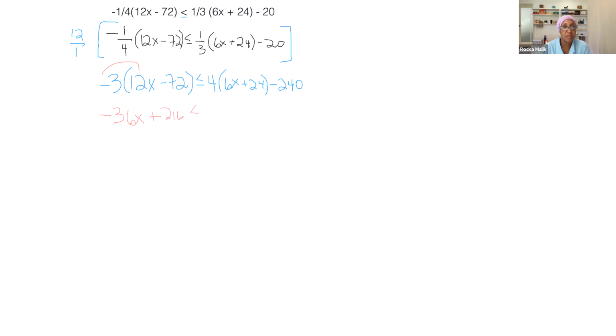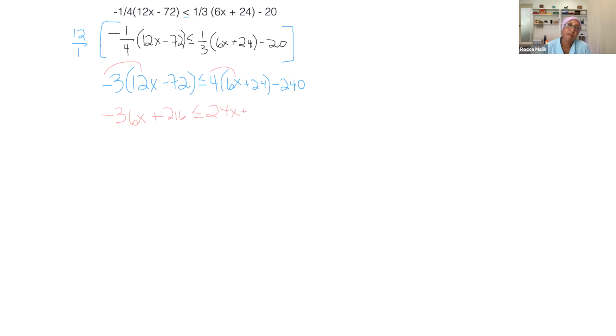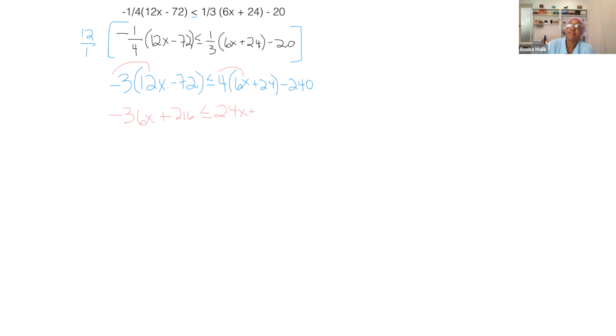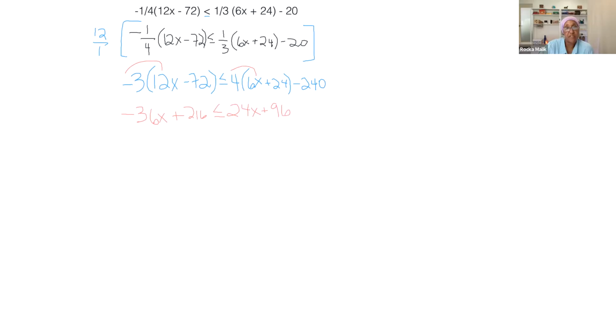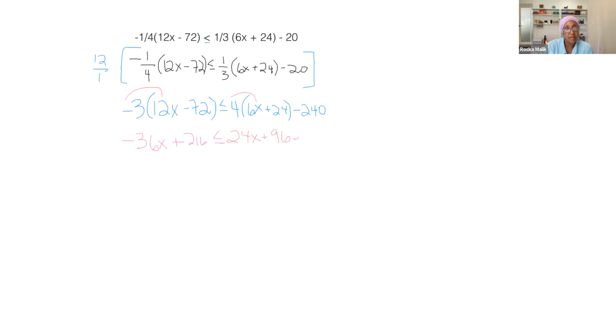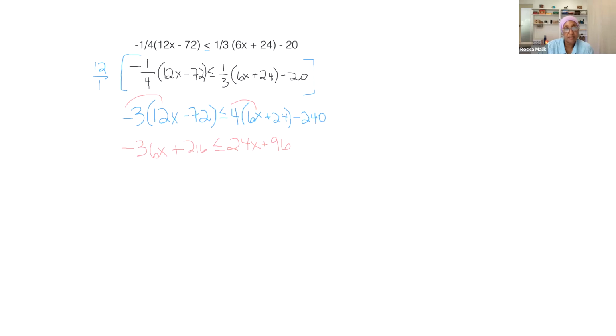Less than or equal to 4 times 6, 24x, plus 4 times 24, 96, and minus 240.